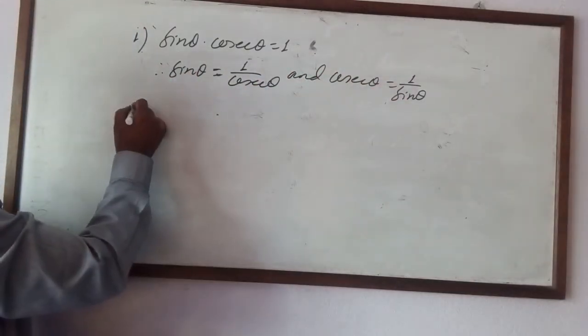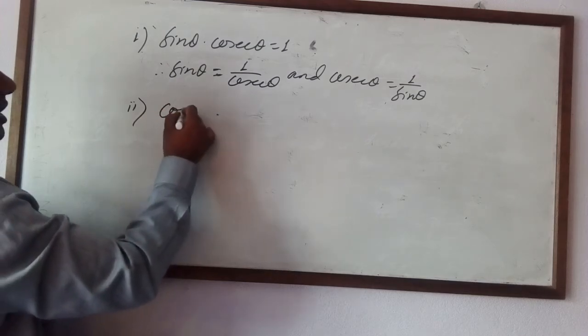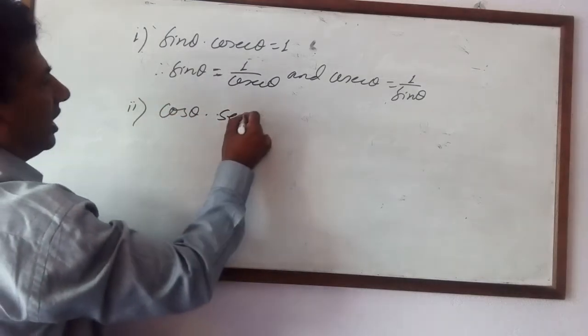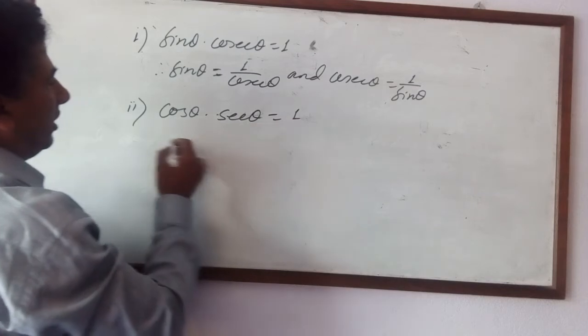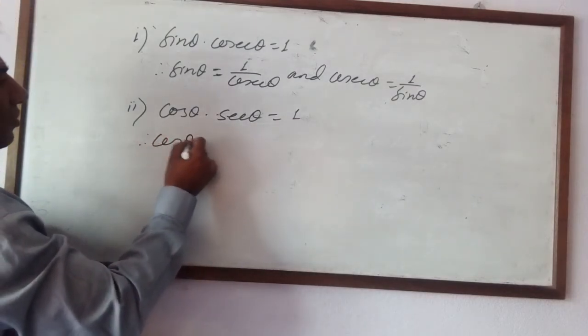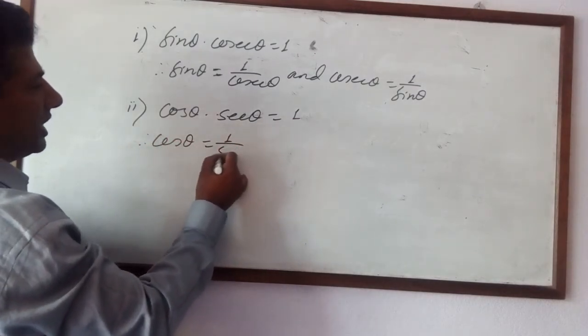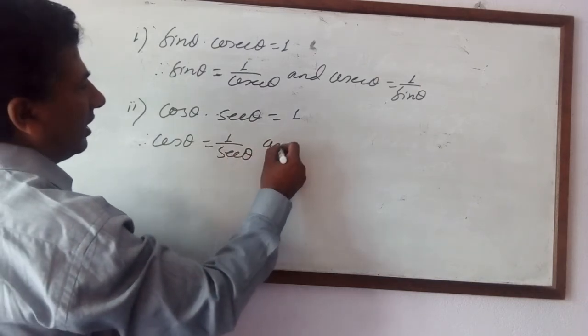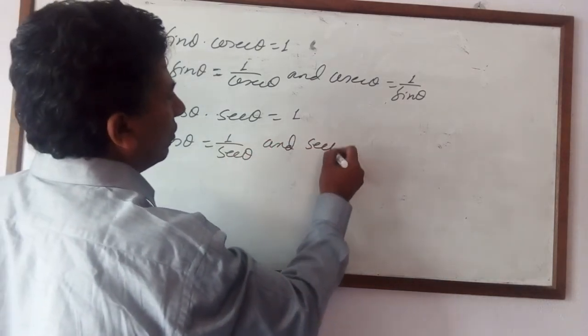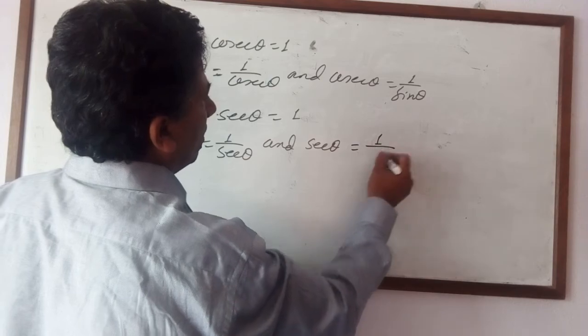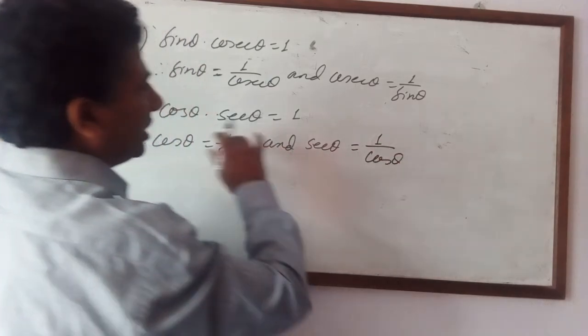Number 2, cos theta times sec theta equals 1. Therefore cos theta equals 1 by sec theta, and sec theta equals 1 by cos theta. This is also the same.